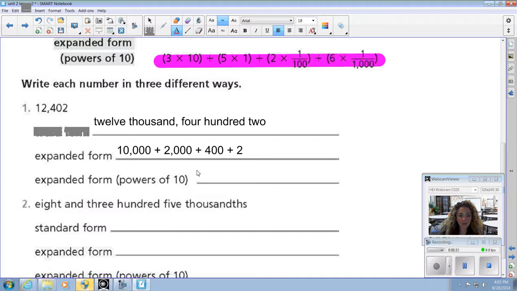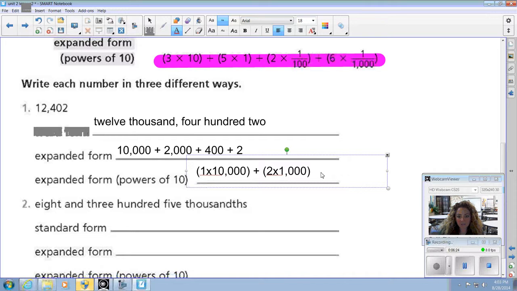Expanded powers of 10. Little bit more challenging. Okay, so it's 1 times 10,000 plus, not an N, 2 times 1,000. I'm going to throw these into parentheses so that we know they're grouped together, that these are the things that we would do together, right?